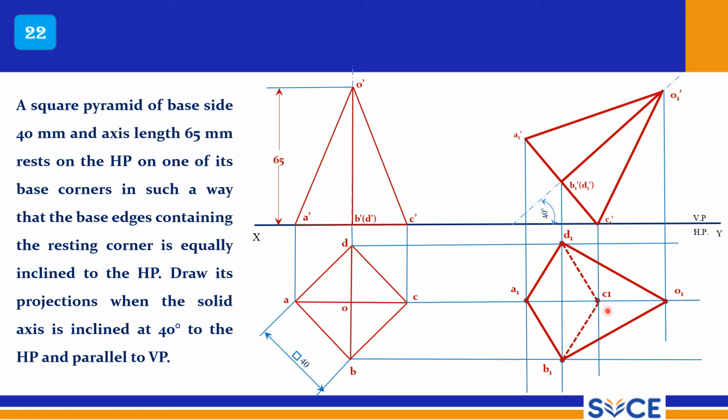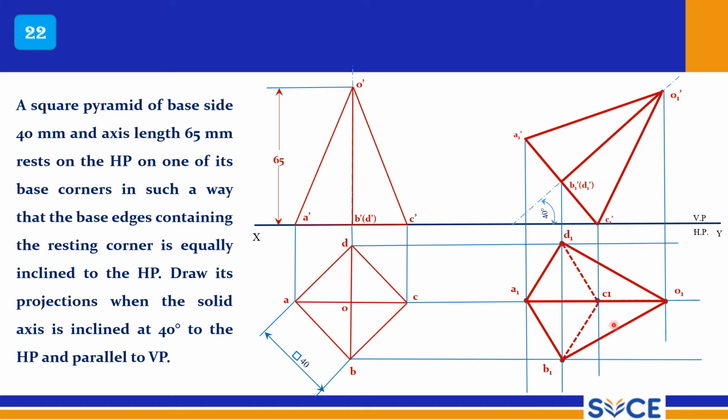They are invisible edges. So C1 to D1, C1 to B1 should be dotted lines, and C1 to O1 is also a dotted line, and A to O should be a thick line. If you draw a thick line, it will overlap the dotted line, so no problem, you can leave it. So this is the final top view.